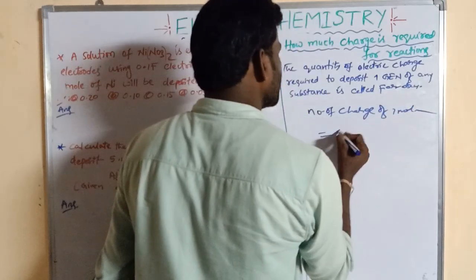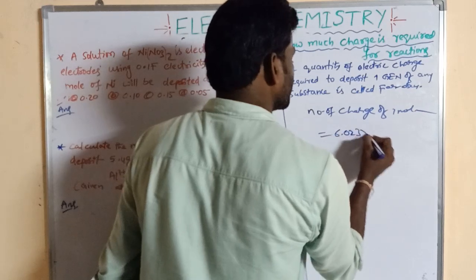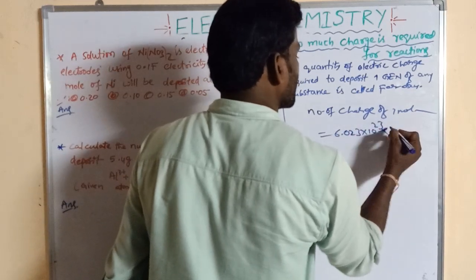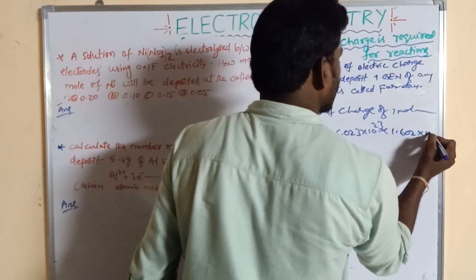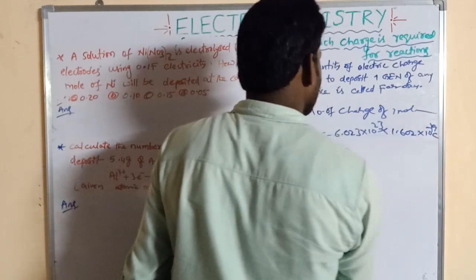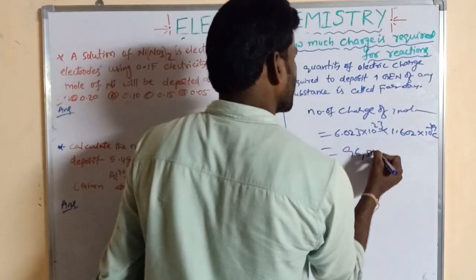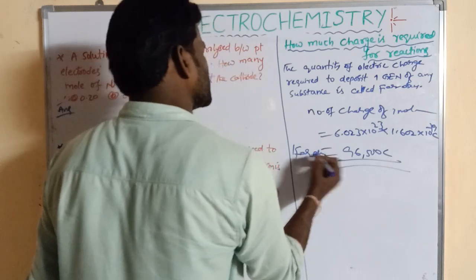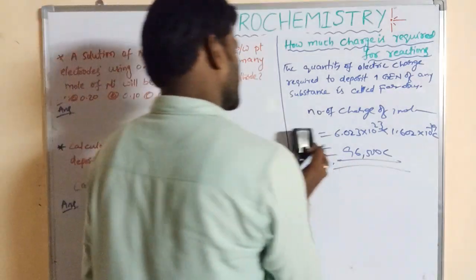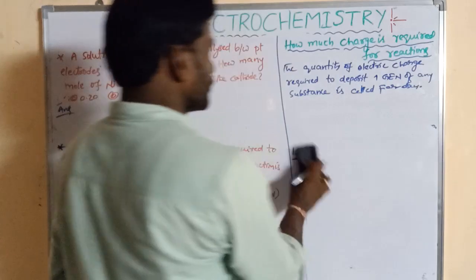So 1 mole of electrons means 6.023 into 10 to the power 23 electrons into the charge of one electron. What is the charge of an electron? 1.602 into 10 to the power of minus 19 coulombs. So according to this, we got 96,500 coulombs as 1 Faraday. This is the other definition. What is the first definition?